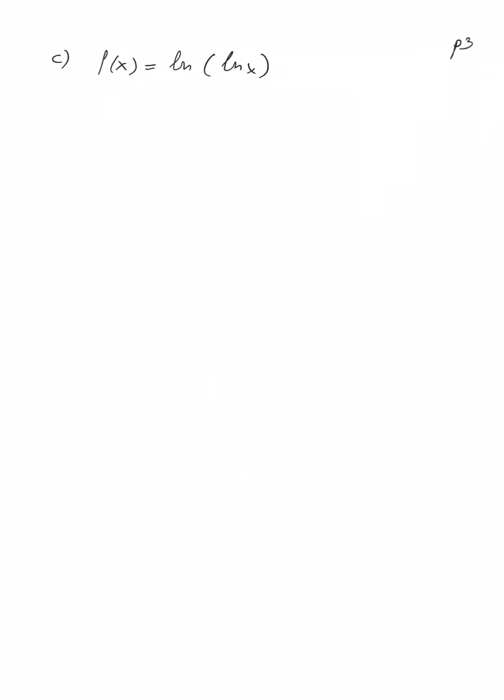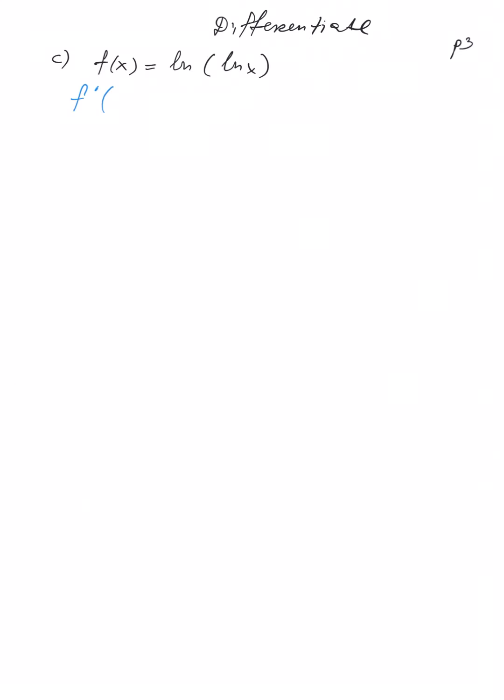And here's another example. Differentiate the following: f of x equals ln of ln of x. Again, we have a function embedded inside of ln, so we apply chain rule.